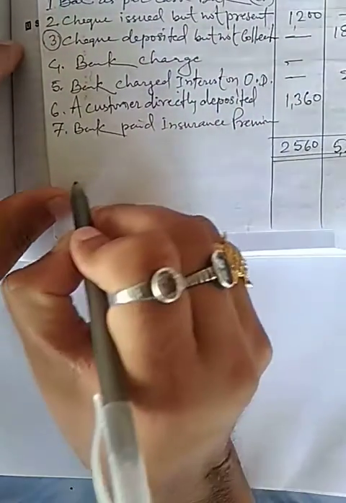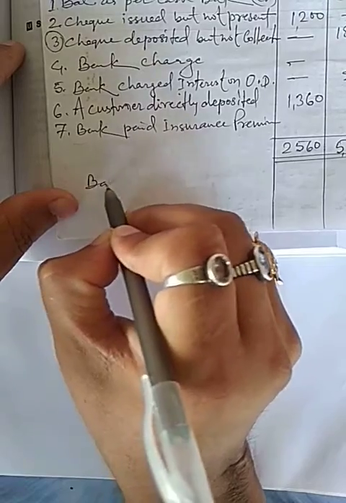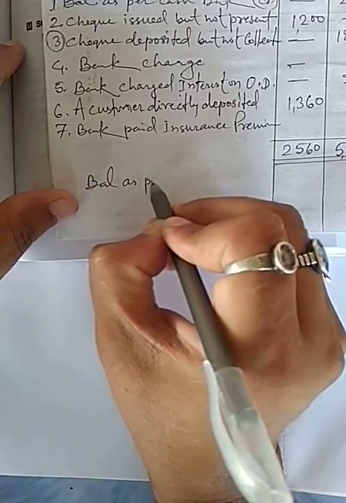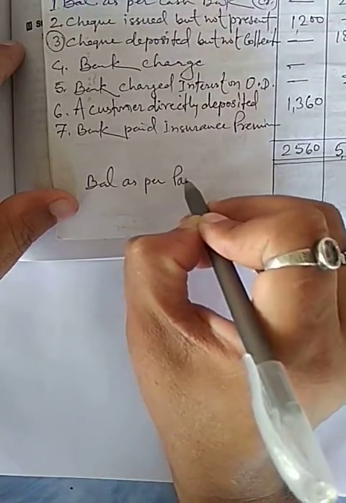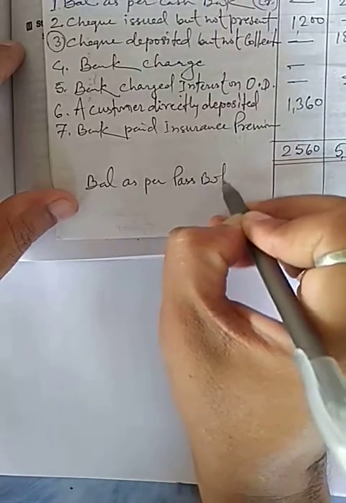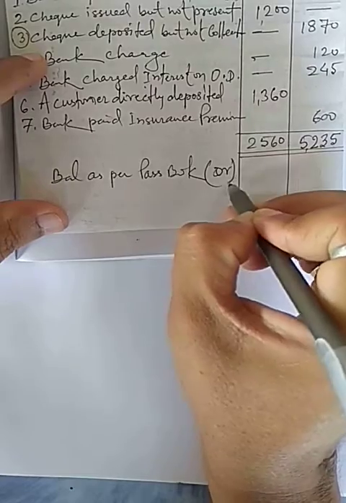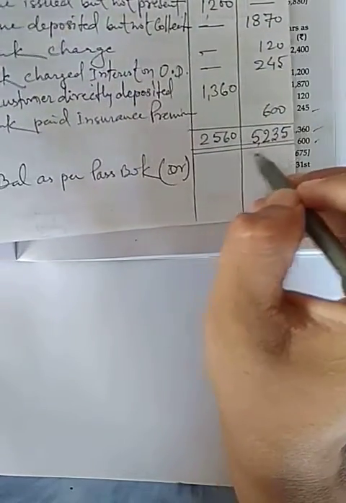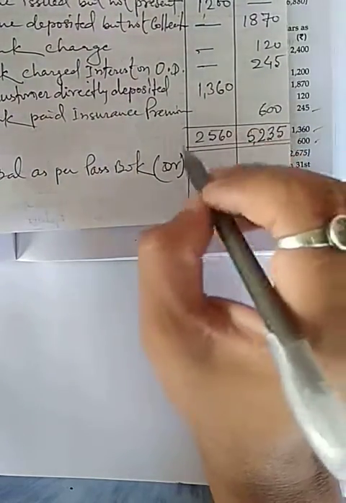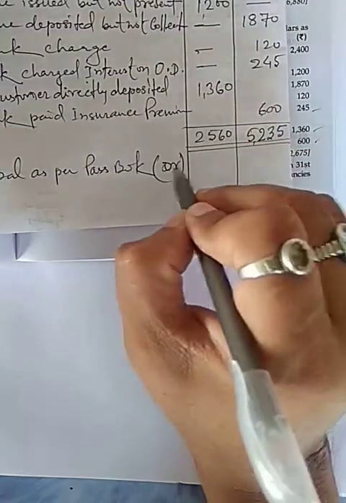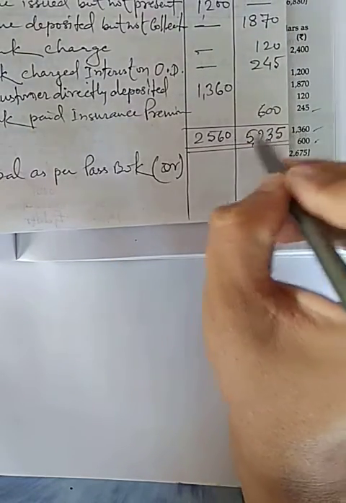So balance as per passbook will be debit, because minus item is more than plus item, and I will shift the balance in minus side.